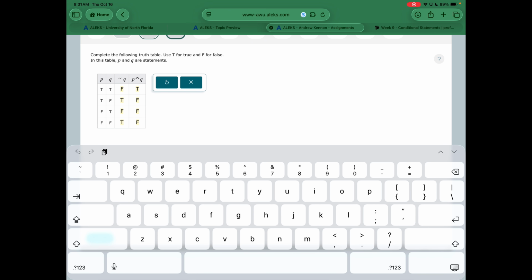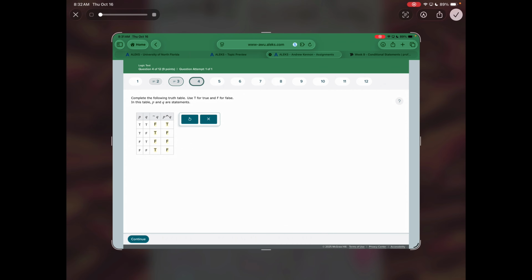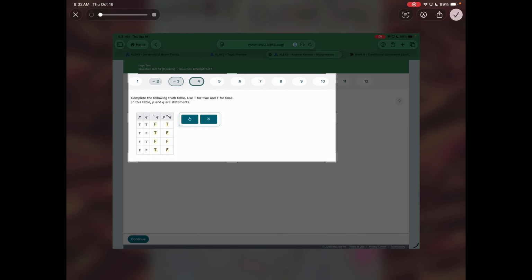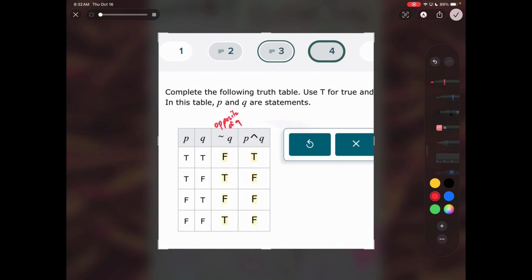Okay, so that's just your basic truth table rules. Only true if both true.